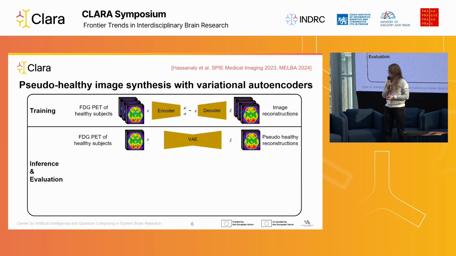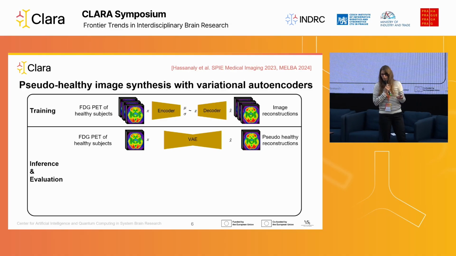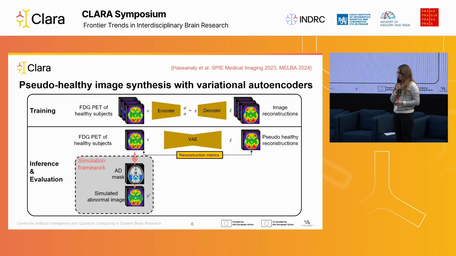A difficulty that we have in our context, the study of dementia, is that in most cases we don't have a mask of the anomalies. We don't have a ground truth. So one of our first contributions has been an evaluation framework that relies on simulating an abnormal image.